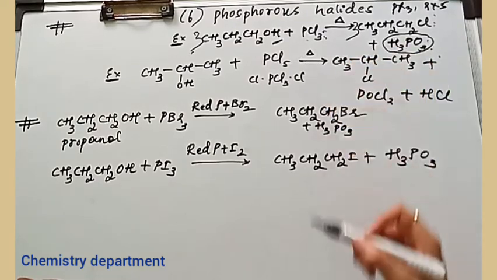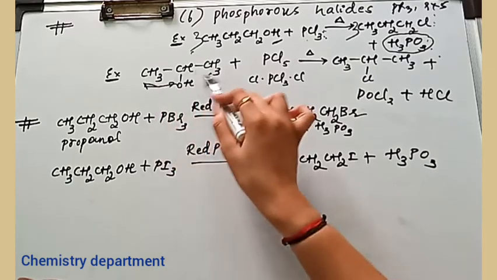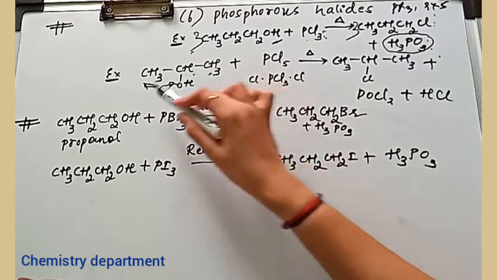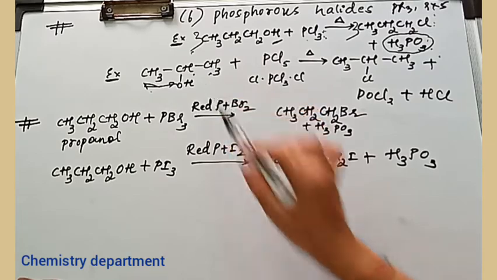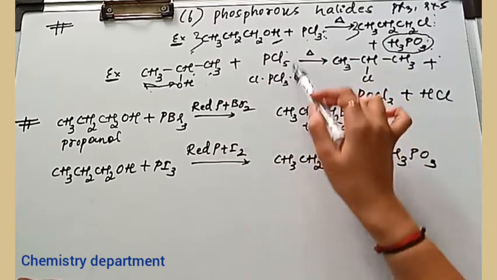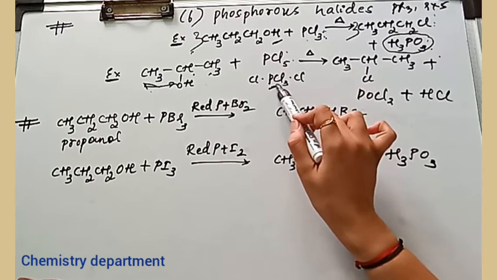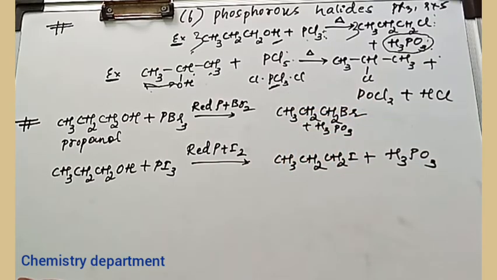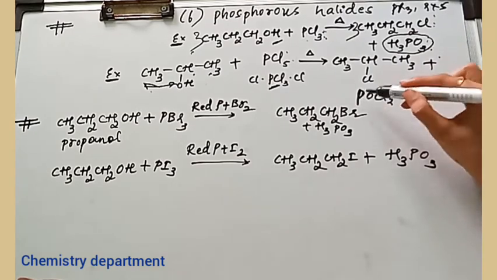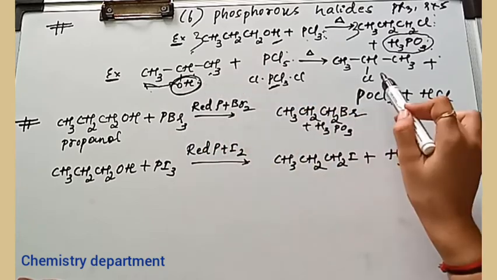Similarly, if I use PCl5, I have used here the alcohol, that is 2-propanol. So when 2-propanol is reacting with PCl5, in order to make it easy, I have just split it: PCl5, I have written in this format, PCl3 and Cl and Cl. What you are going to get here is, you are going to replace this OH with the Cl.